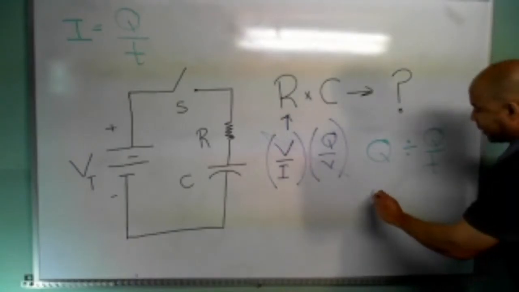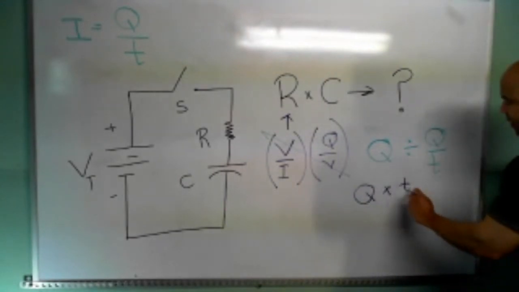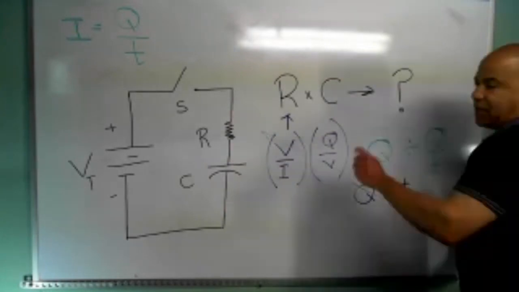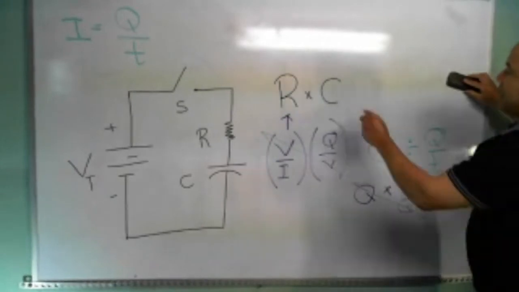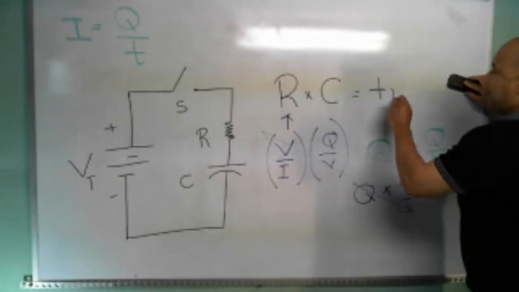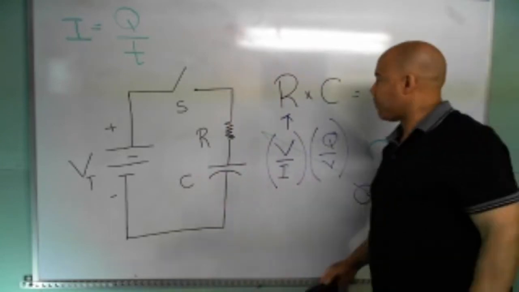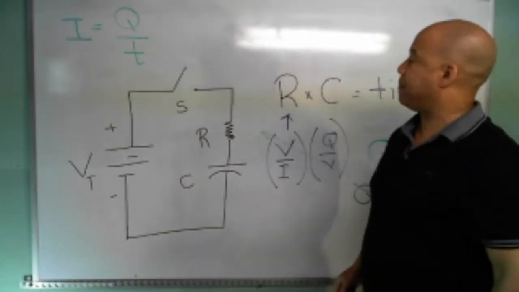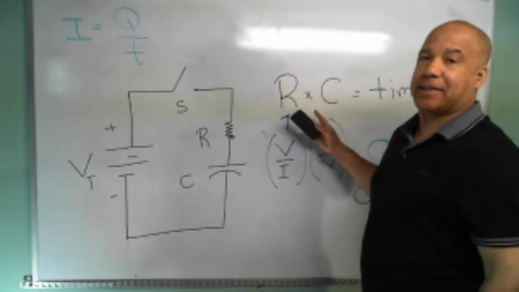What happens is I get Q times T on Q. The Q's cancel out. So the answer to this is the product of RC equals time. This is a very important relationship. The product of RC gives me time in seconds.